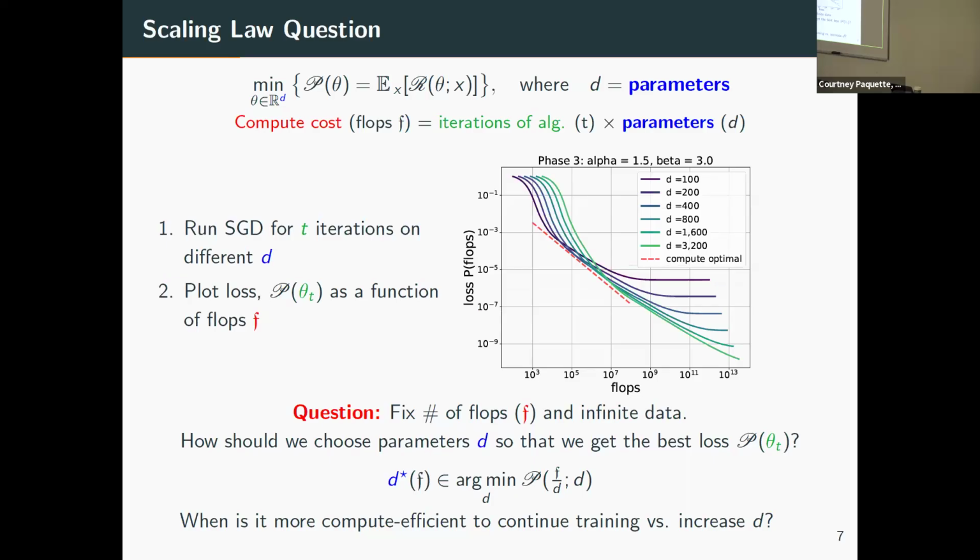It's actually more costly to try and push through the noise than to stop earlier and increase the size of your problem. So you get things like this where you actually could have continued training. I could have gone all the way down, but it's actually preferable to stop way up here. This is like early stopping, but based on compute. Okay.